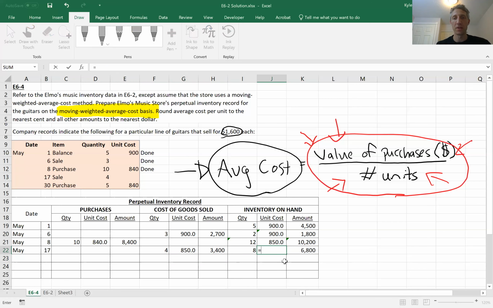If I use my formula, what is the value of our purchases divided by the quantity we have? It's going to be $850. Remember, our average unit cost shouldn't be updating when we make a sale. It only updates on purchases. However, I do think it is best practice to make sure we get comfortable with using this formula here. But that's it. We're done now with May 17th.